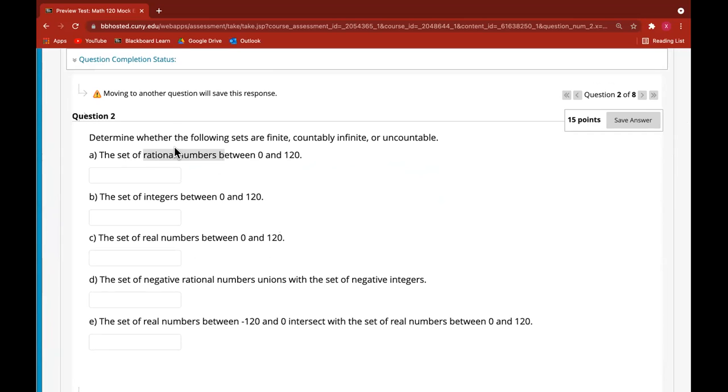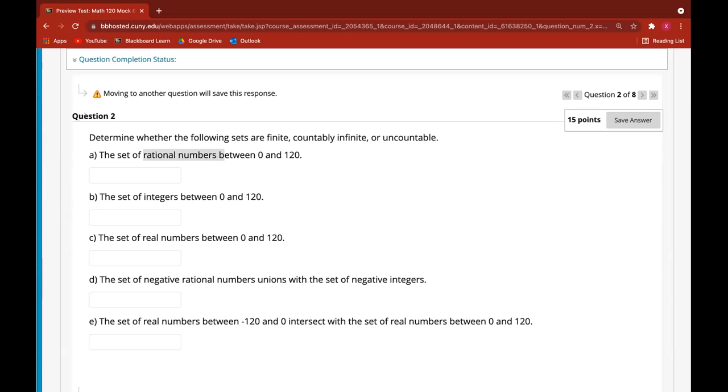How can we represent rational numbers? An integer over another integer, right? So we know the set of rational numbers is countable. Then the set of rational numbers between 0 and 120 is a subset of the rational numbers. So if the set of rational numbers is countable, then taking part of it will be countable.